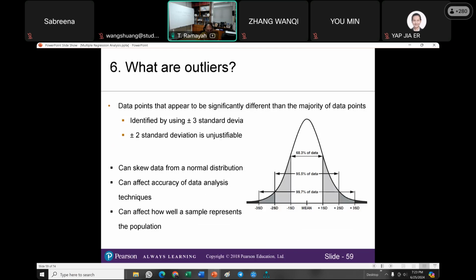Okay. Number 6 is called outliers. For outliers, we can accept up to plus or minus 3. Anything larger than plus 3 or anything smaller than minus 3 is called an outlier. Okay, the software will be able to identify that for you. What we need to do is remove that and see what happens to the result.